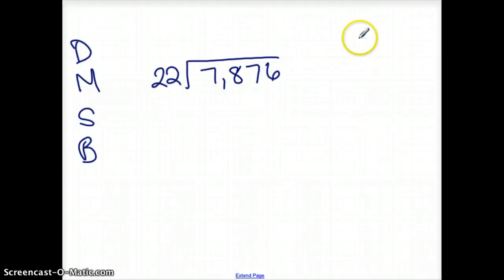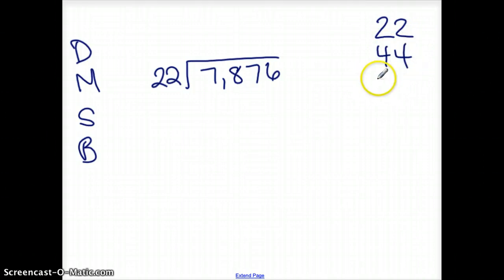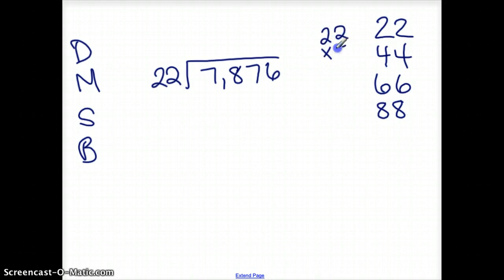So 22 times 1 is 22. 22 times 2 is 44. 22 times 3 is 66. 22 times 4 is 88. 22 times 5, let's check that one. 5 times 2 is 10. 5 times 2 is 10 plus 1 is 11.